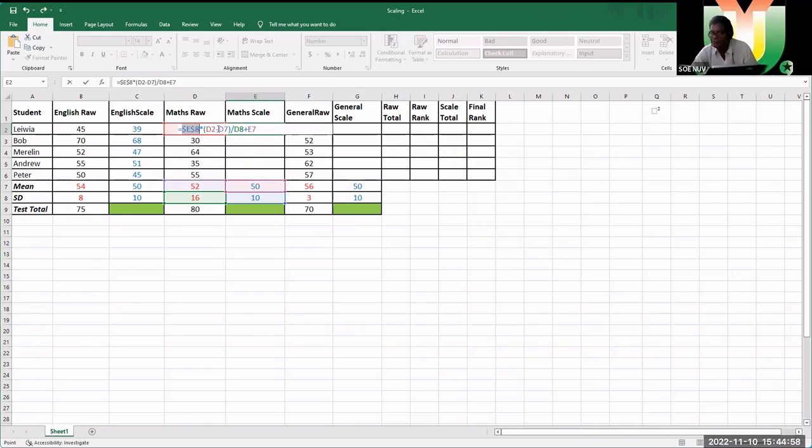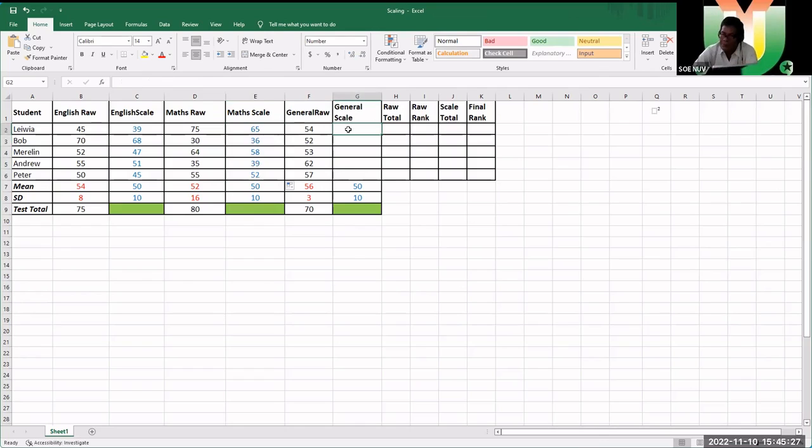Okay, and then we highlight D7 and we press F4 again. We have T8, F4, and then we have E7. Okay, and we have F4. So 65, yeah, you just go down and it will put all the other scale scores for mathematics.